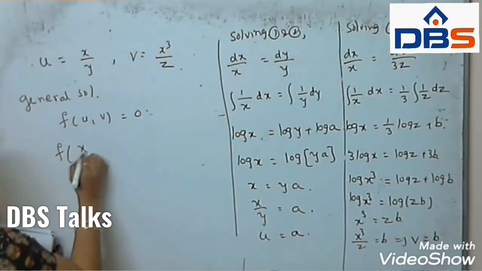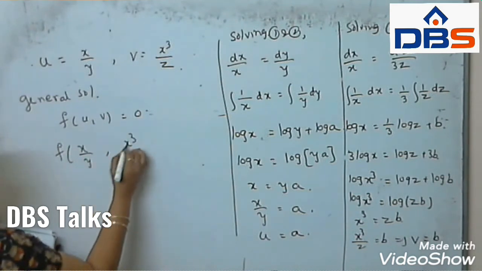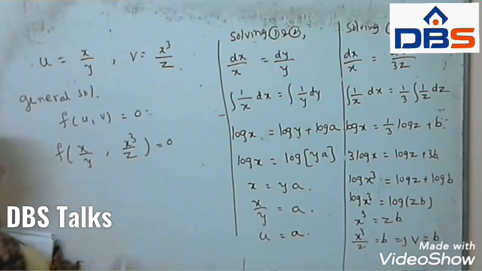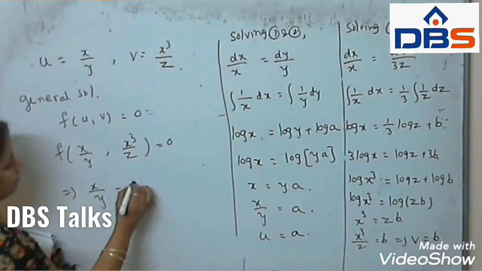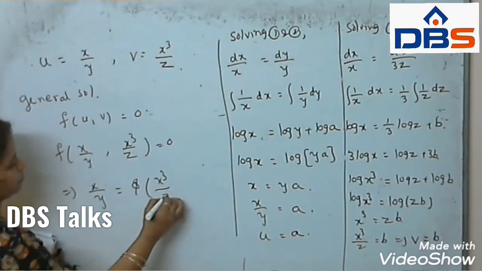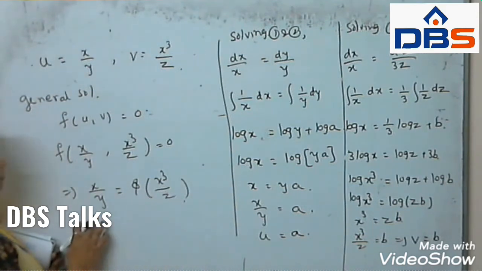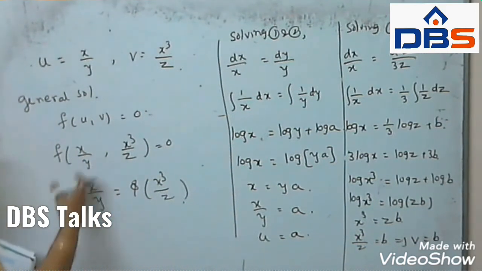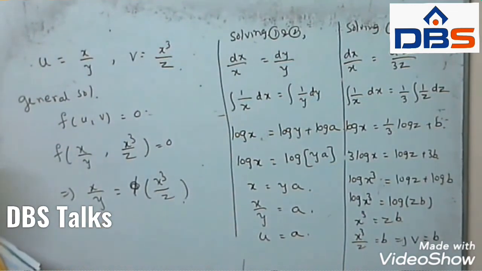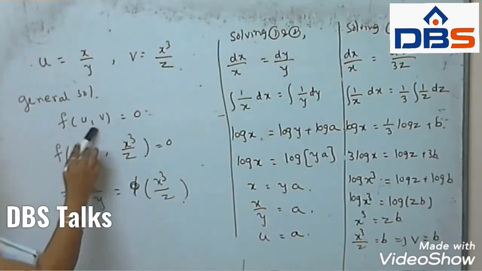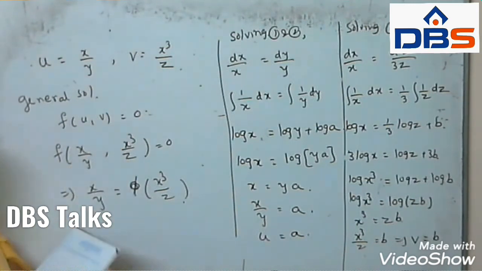So f of x by y comma x cube by z equal to 0, or you can write it as x by y equal to phi of x cube by z, that is, u equal to phi of v. Anything is correct. You can write in any way. So the general solution is f of u comma v equal to 0.